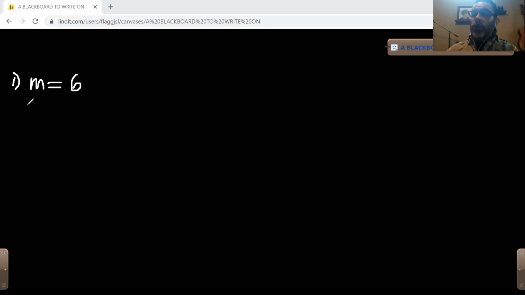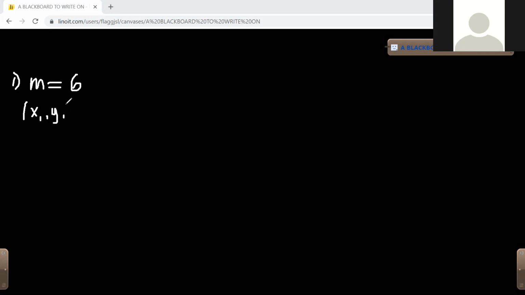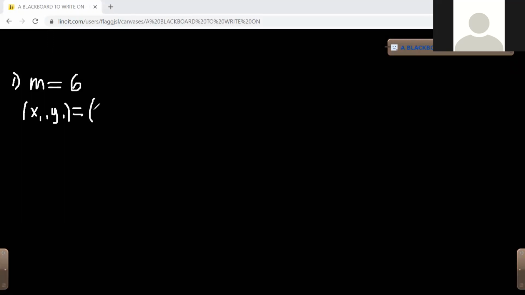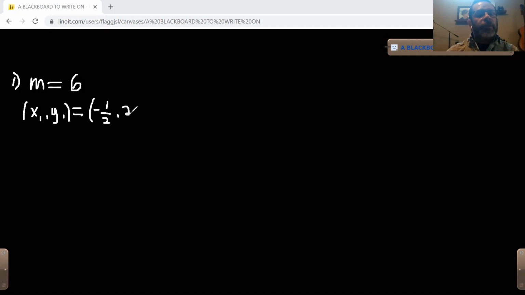And we have one coordinate that we're given. I'm going to call it x1, y1. What is the coordinate we're given? Minus a half, comma 2. Correct. Thank you. Minus 1/2, comma 2. And so, given the slope and a coordinate, I can find the mathematical expression for that line. Remember, we only need two data points of information.